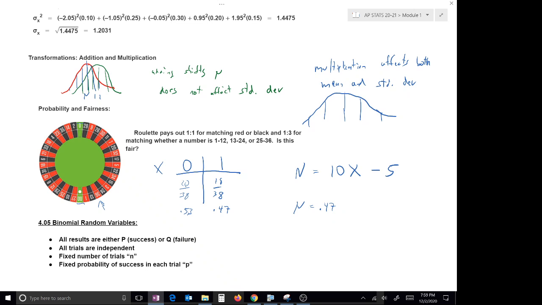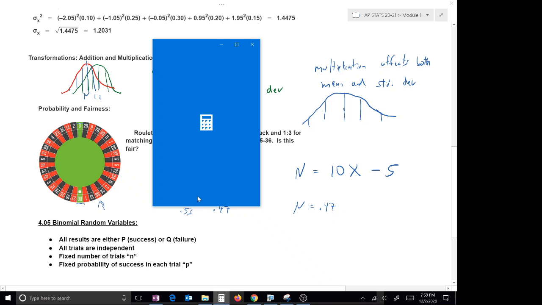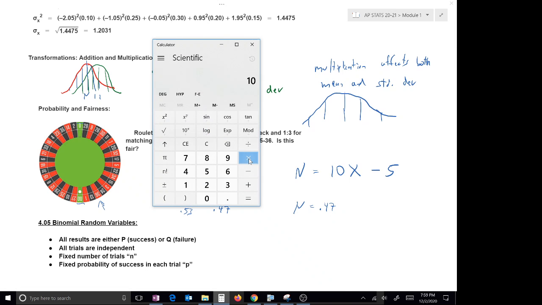So if we look at our average calculation, on average it is 10 times 0.47 minus 5.